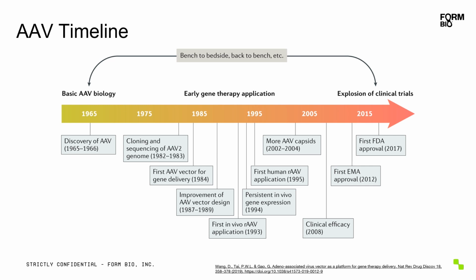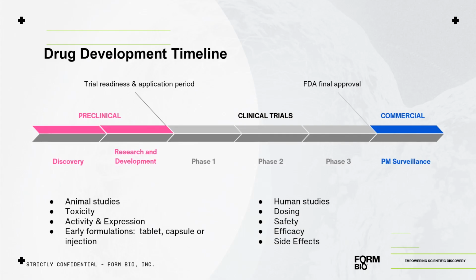So in terms of drug development, this is a process that is very time-consuming and costly, and it contains preclinical, clinical, and commercialization steps. I know those steps are way more complicated, but at a high level, during the preclinical phase, the research is usually done in animal studies, and we aim to have a better understanding of the toxicity, the activity, and the expression level, and this is also where we try to understand some of the early formulations.